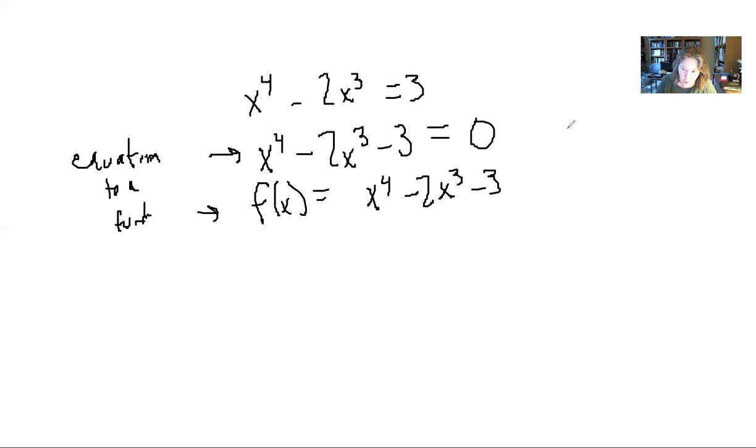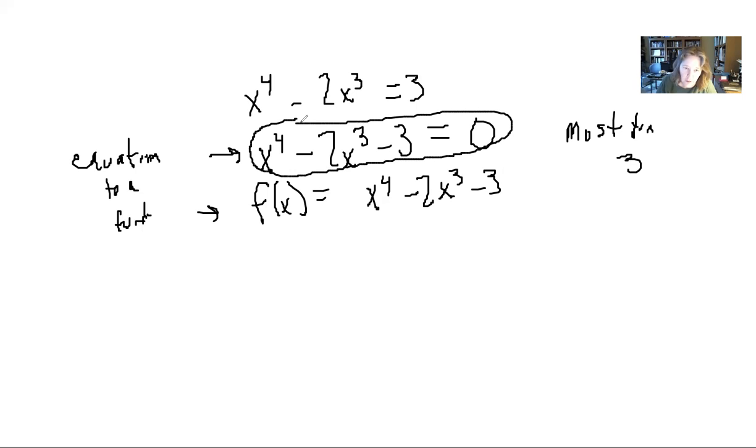One is the most number of turning points is going to be 3, and they want us to find solutions to this. So remember, since the goal is to find solutions to this, the solutions to an equation are the same as the zeros of a function.